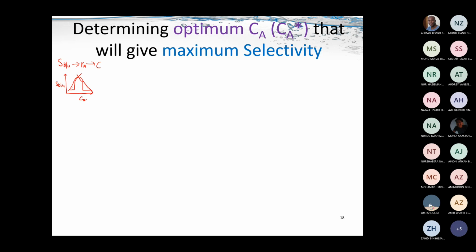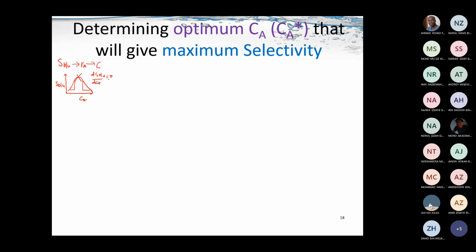Tapi kalau kita nak dapatkan maksimum, of course, kat titik satu ni saja dia tak akan ada slope. Means that perbezaan dekat SDU dengan CA ni tak ada beza. So bila you buat DSDU over with DCA, dia akan jadi kosong. Kita tak ada value sebab dia tak ada slope. Alright. So inilah tujuan dia, kita akan buat untuk cari optimum CA that will give maximum selectivity.